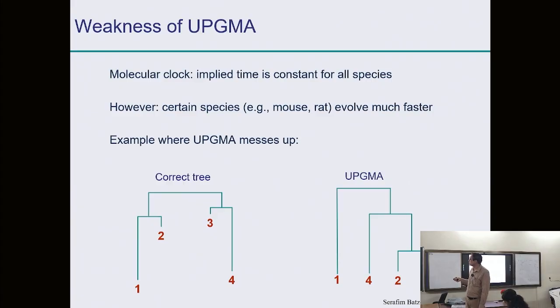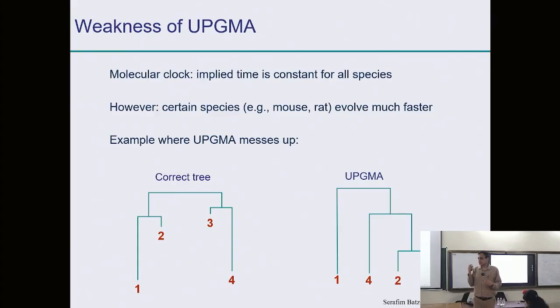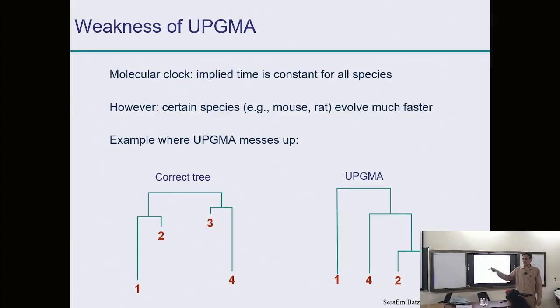When you use the UPGMA method, because these 2 have not evolved much, they will group together. They will be placed next to each other using UPGMA because they are more similar than others, because they have not evolved much when they started evolving from the common ancestor. So, they will get placed next to each other, and then 4 and then 1.